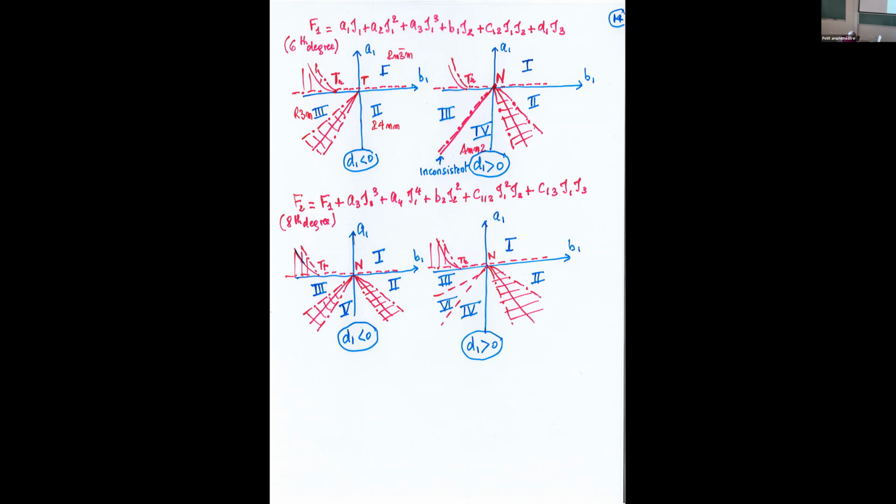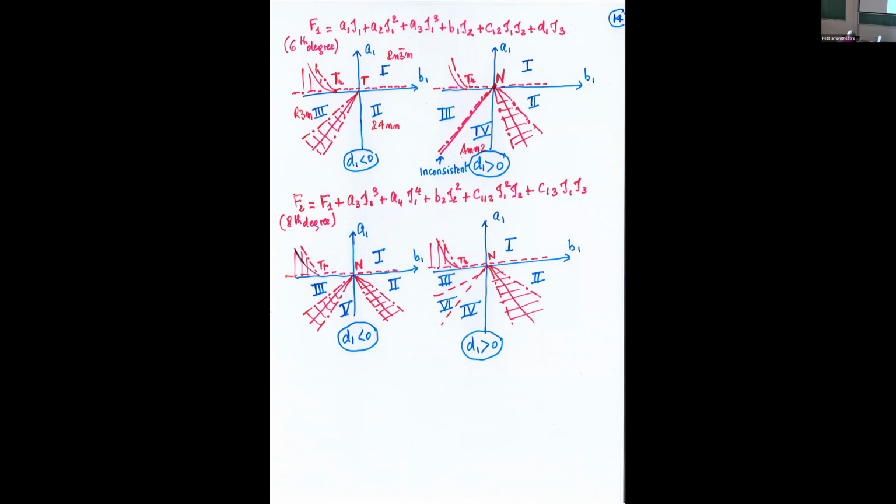But there is an inconsistency, which I have noted: the first order transition line coincides with the limit of stability. This is not possible.